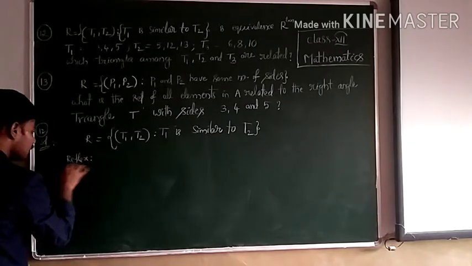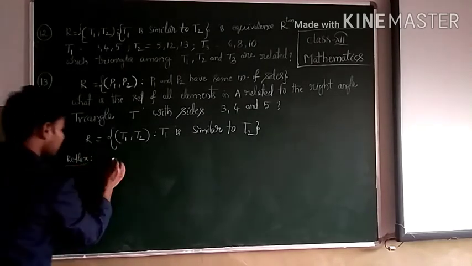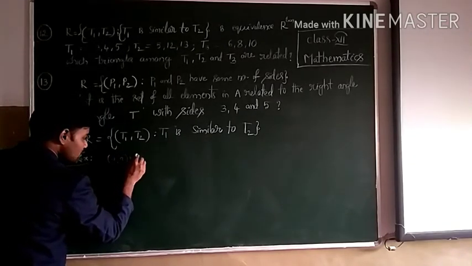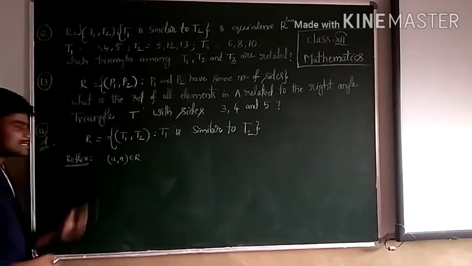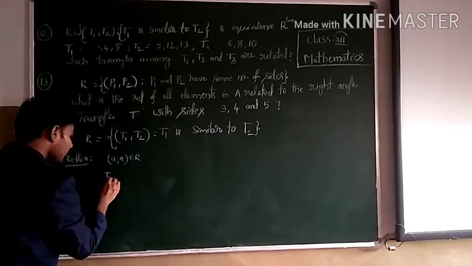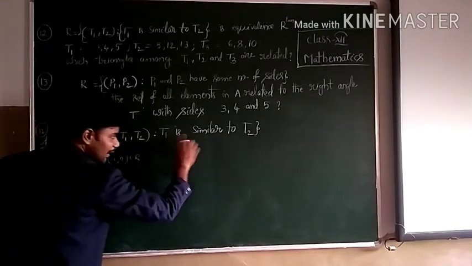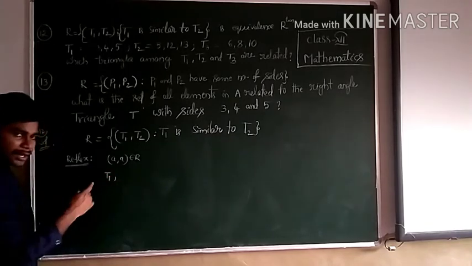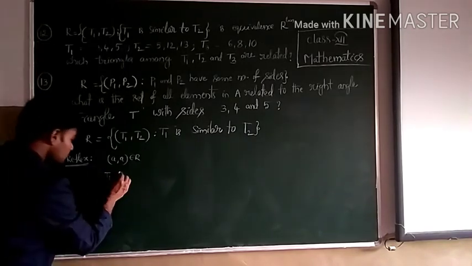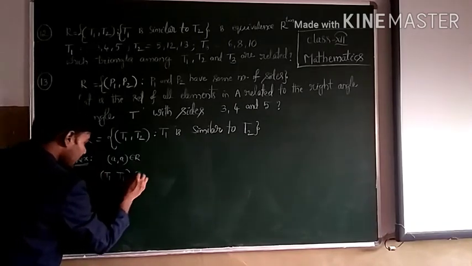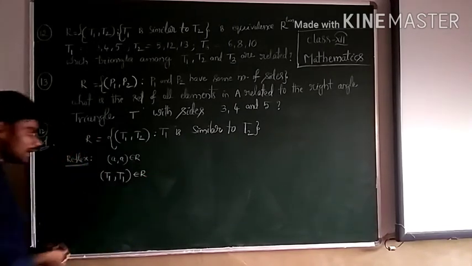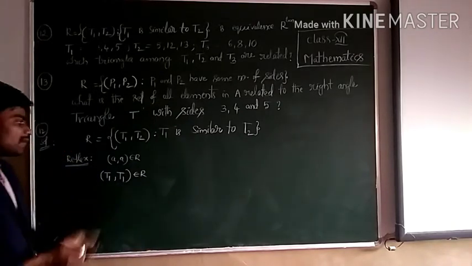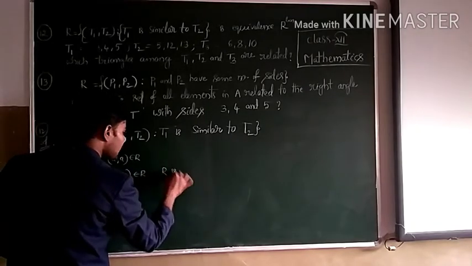Reflexive means each element is related to itself, that is (A, A) belongs to R. Here the condition is about triangles. One triangle is similar to itself. So (T1, T1) belongs to R, because a triangle is similar to itself. So R is reflexive.